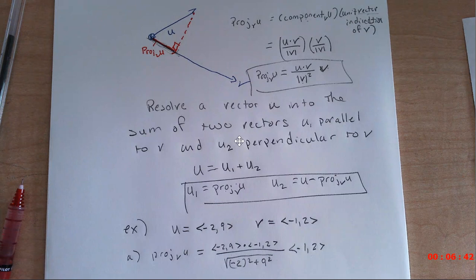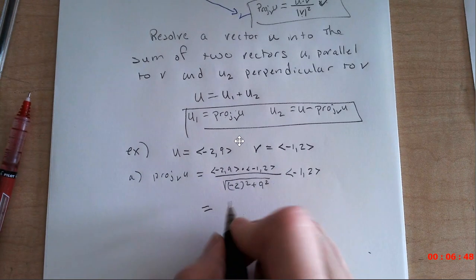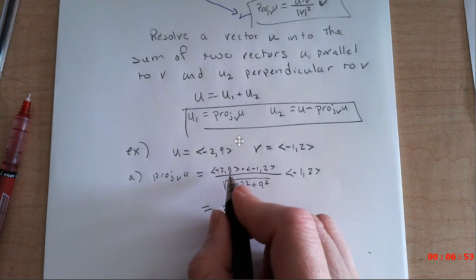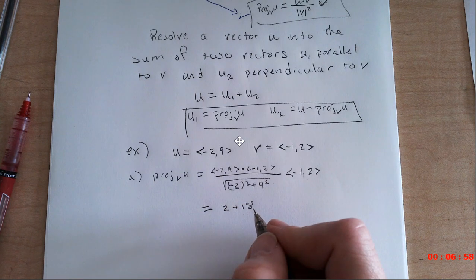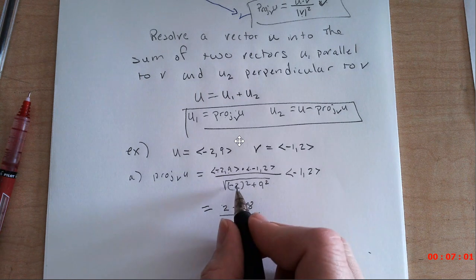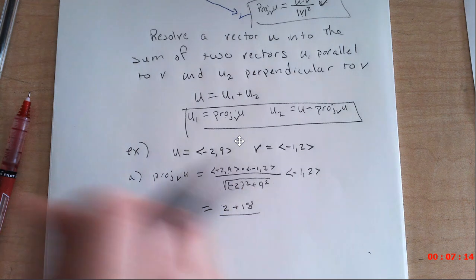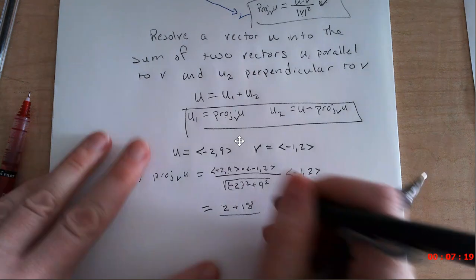So now I'm ready to work this out. So I'm going to do the dot product here. So negative 2 times negative 1 is 2, plus 9 times 2 is 18. And then the denominator, I used the wrong vector in the denominator. This was supposed to be v, so I better fix that. Sorry about that. Might as well fix it right here.